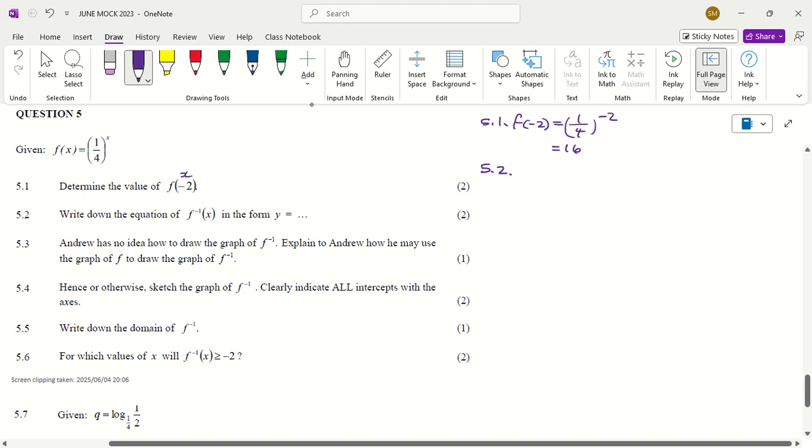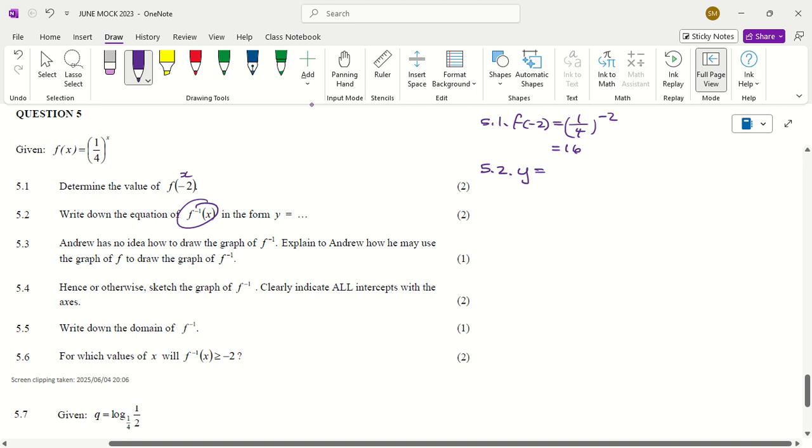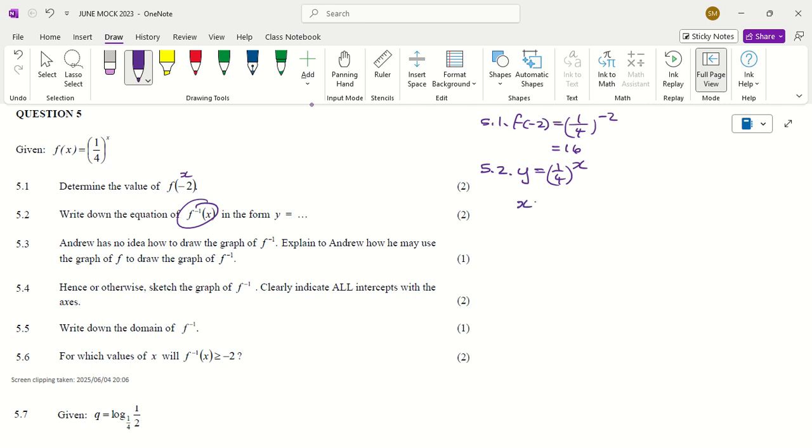The next question is 5.2. We are given that we need to write down the equation of the inverse. Now, f inverse is the inverse, and this is where we swap x and y. So meaning that the function is y is equal to 1 over 4 to the exponent x. So we need to say this is x is equal to 1 over 4 to the exponent y.